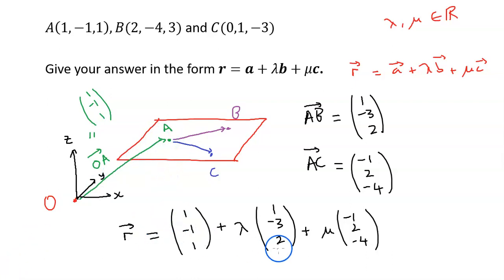So there are infinitely many choices of these three vectors. However, when you allow your arbitrary real numbers lambda and mu to vary, you will end up with the exact same infinite set of arbitrary vectors r that point from the origin to a point on the plane.